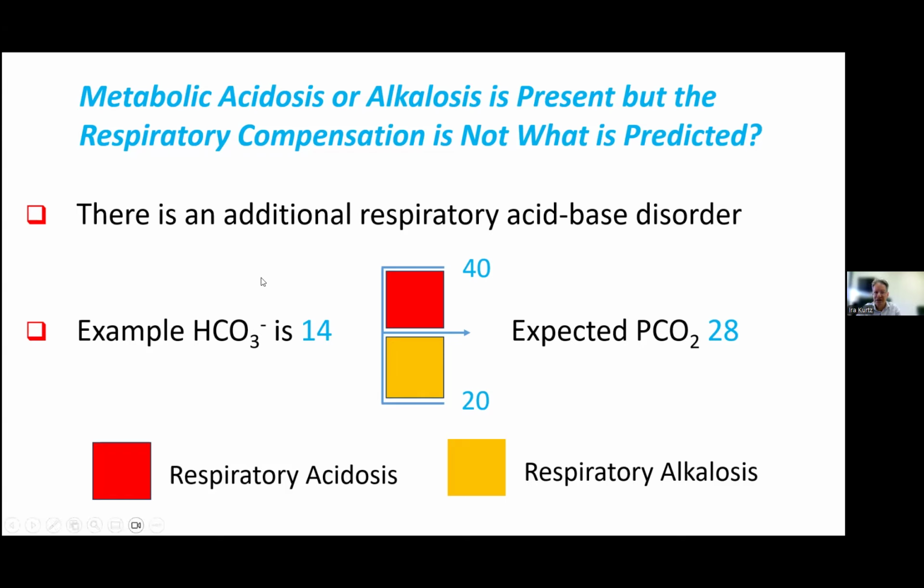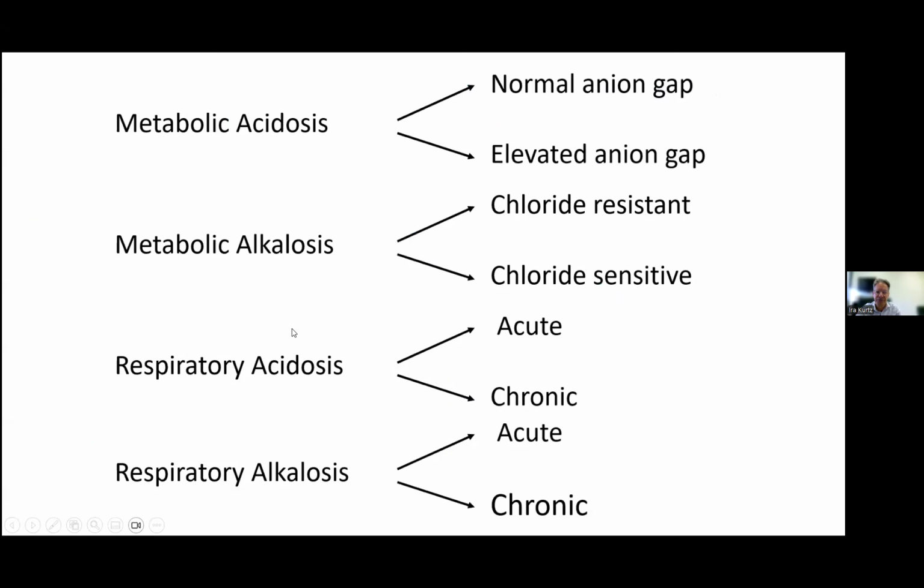So this is a really important slide. So again, we divide up metabolic acidosis by anion gap, alkalosis by chloride, respiratory acidosis temporally. We do not use the word compensation in the respiratory acid-base disorders. We just use the word acute or chronic. That's it. No other subdivisions, no other terminology.